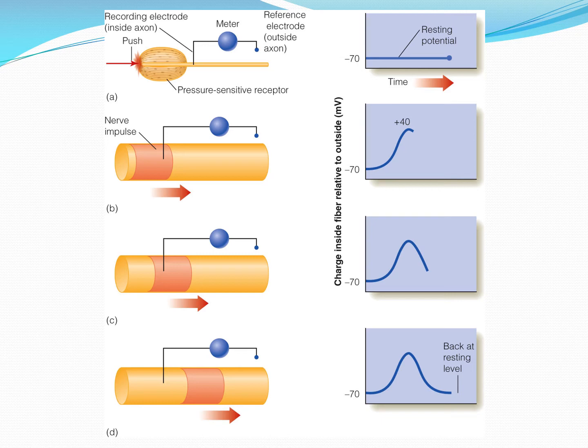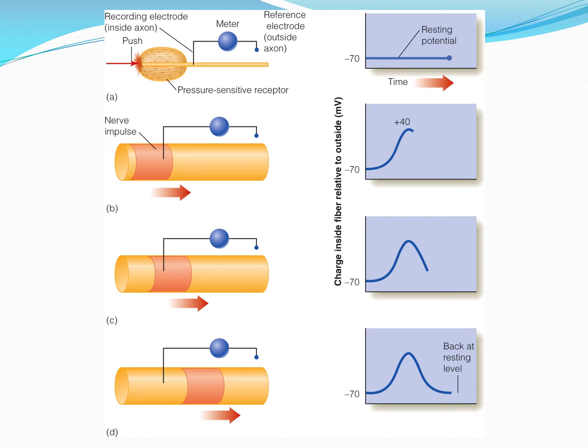But okay, somebody touches us, and that touch receptor is going to communicate that. So we see this nerve impulse get sent down the axon. And as that nerve impulse is sent, I'm going to walk us through B, C, and D. First, we see a rise in the charge from negative 70 millivolts to positive 40 millivolts.